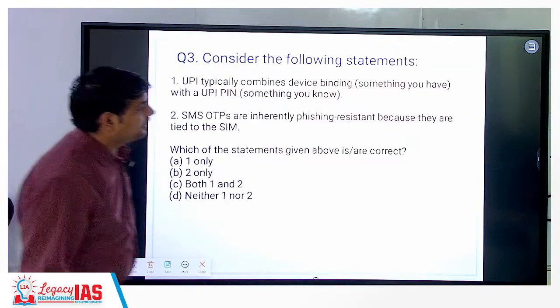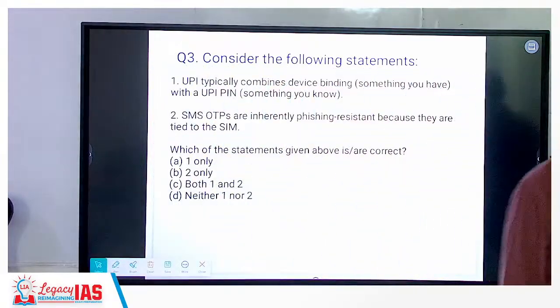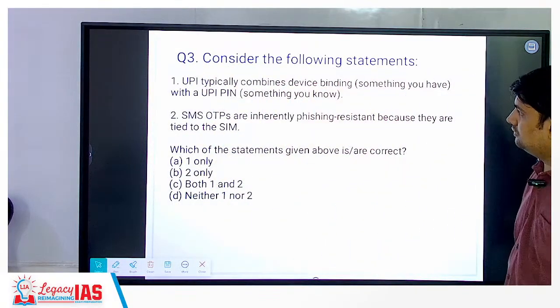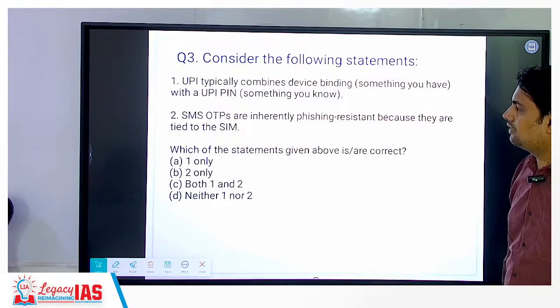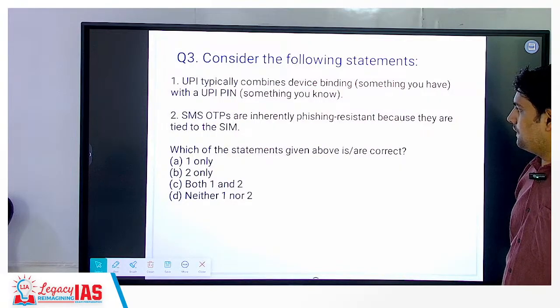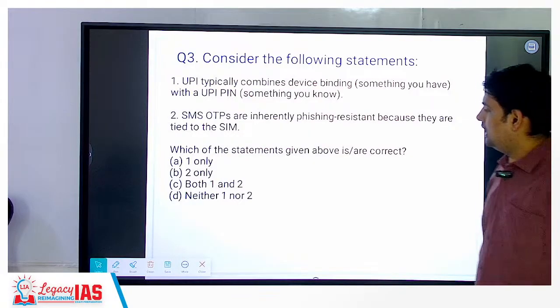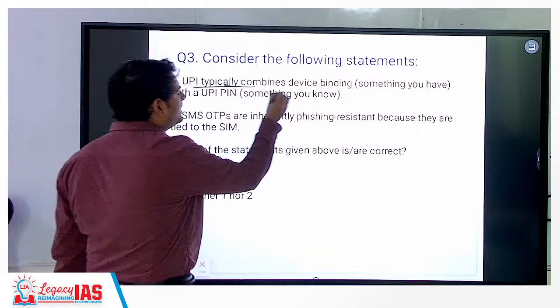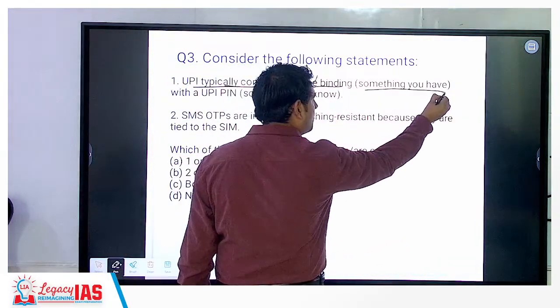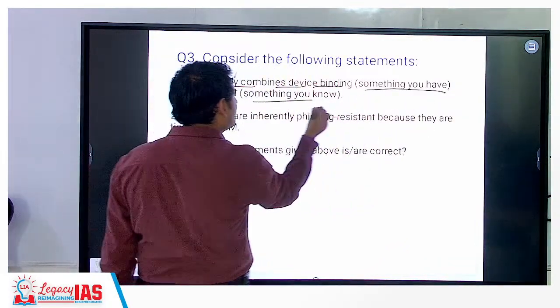This is easy, you can do. Okay. So what it says, first statement, UPI typically combines device binding, something you have, with a UPI pin that is something you know.